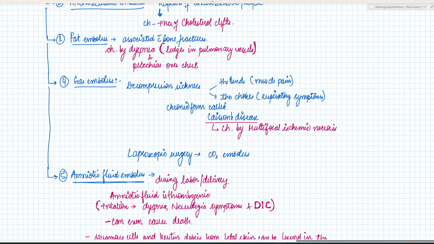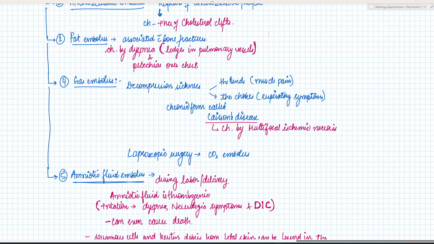But when they try to ascend back up, if the ascent rate is very high, the pressure decreases rapidly, and the dissolved nitrogen from the plasma forms bubbles in the plasma, and those bubbles can dislodge into minute vessels or capillaries and block blood supply to certain parts, the most common being the muscles and the lungs.